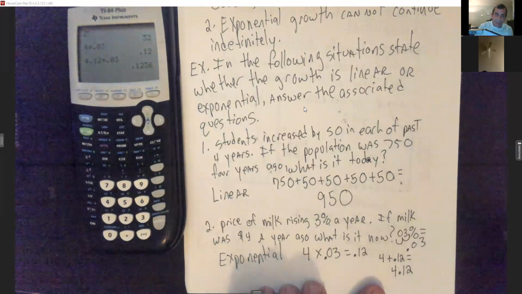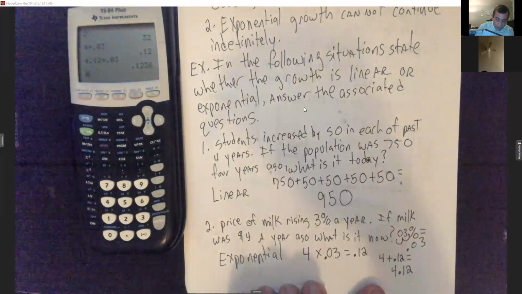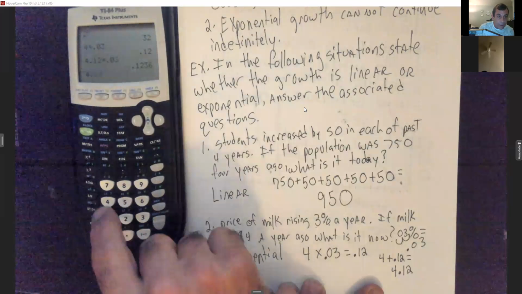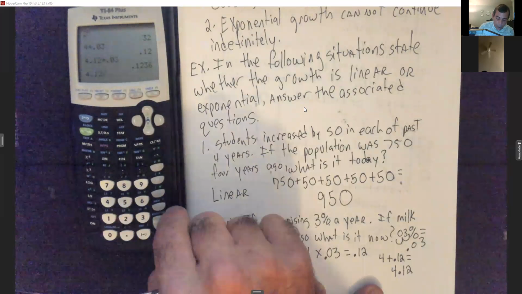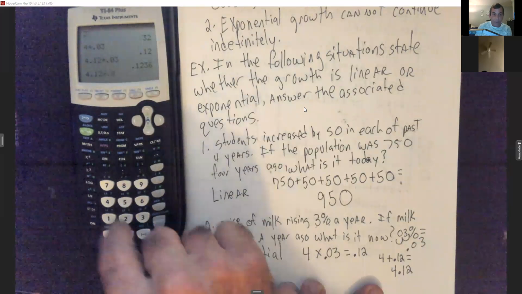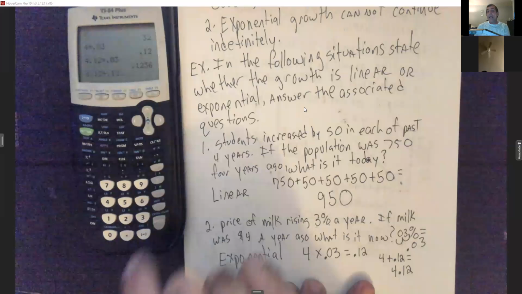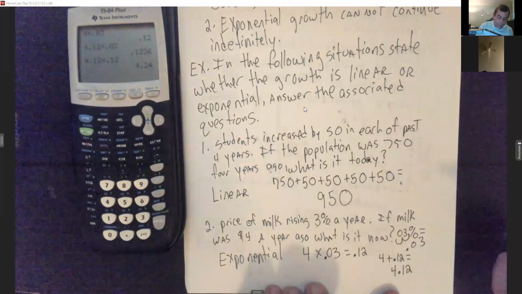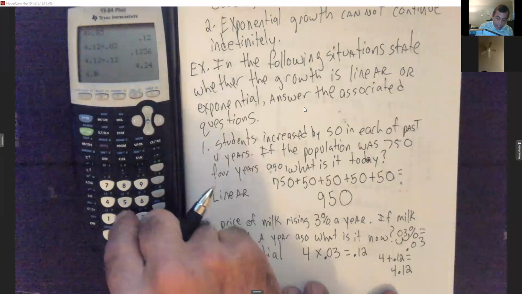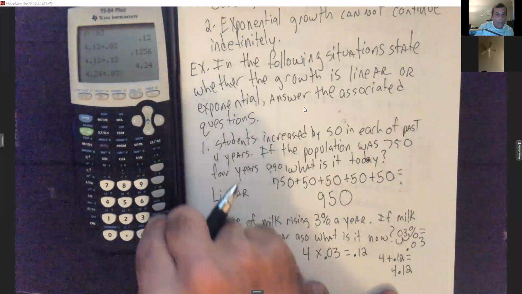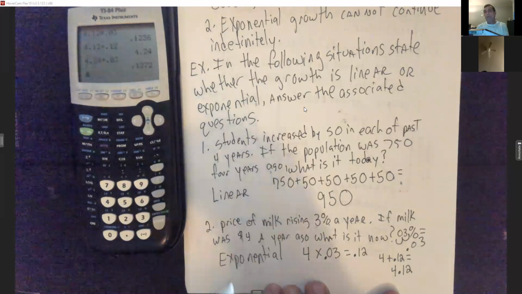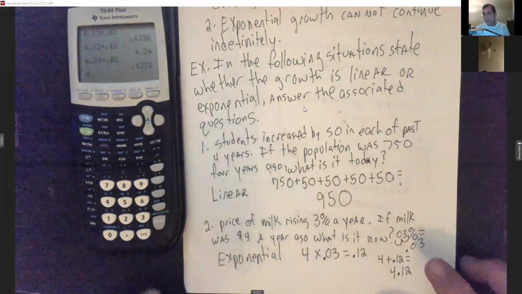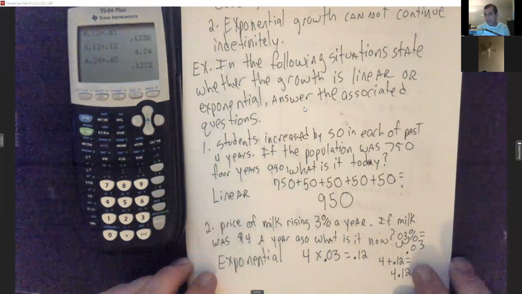So you would add that back to the original. So let's see, what would that be? 4.12 plus the 0.12, 12 cents that it rose again. That puts it at 4.24 the next year. And then you would take that 4.24 times 0.03. Now it's almost 13 cents higher, because I would round that 7 up to a 3 on that 2, right?